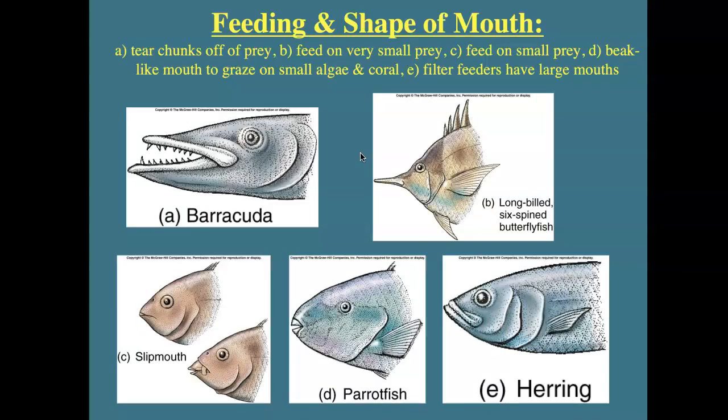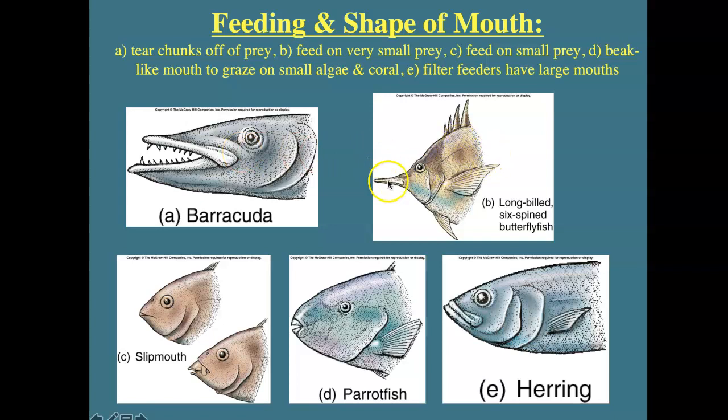The feeding shape of their mouth is obviously going to be adapted as well for their different feeding strategies. So with the barracuda, it's pretty easy to see that their mouth structure and this big protruding lower jaw is really meant for tearing chunks of prey off.